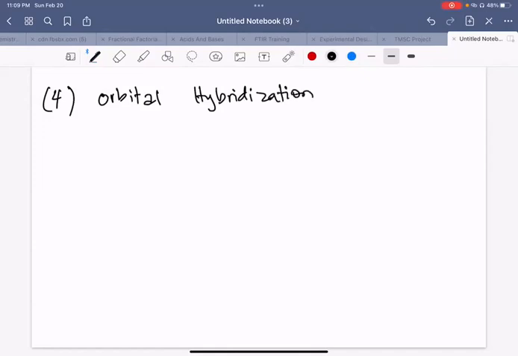Okay, so suppose you have this kind of compound here. Suppose you have that one.